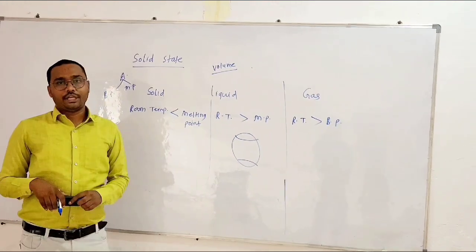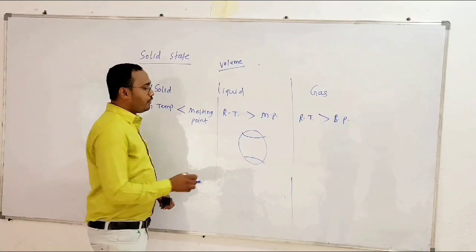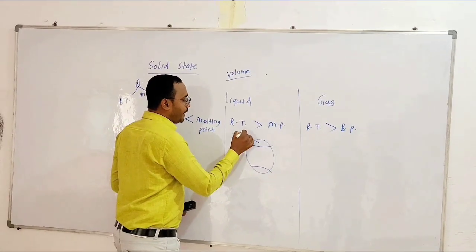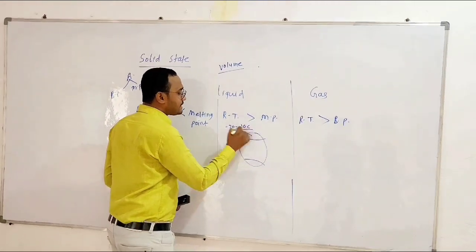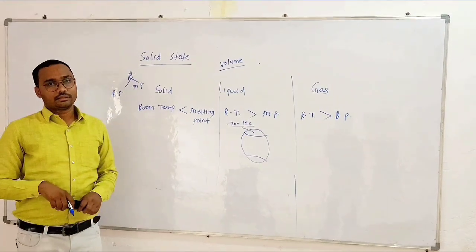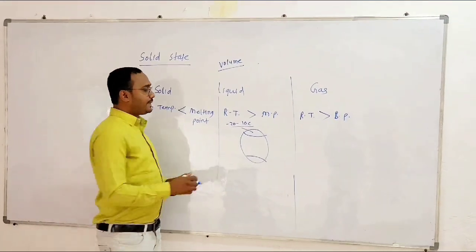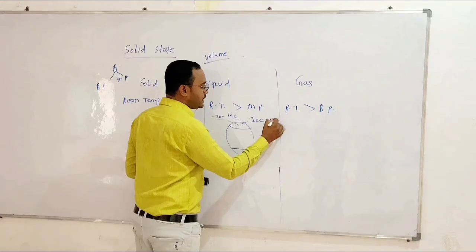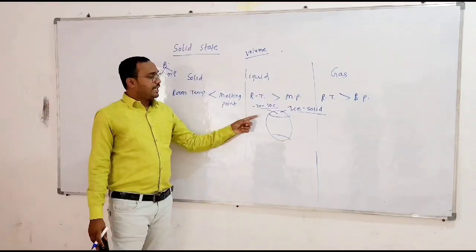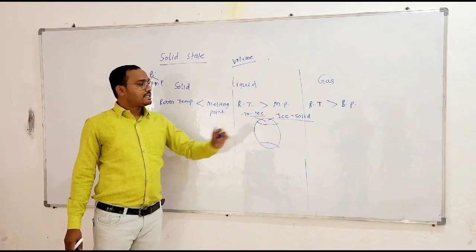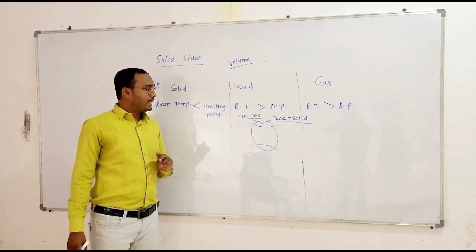polar regions of Earth, where we observe minus 20 to 10 degrees Celsius temperature. That is, water is present mainly in ice form, that is in solid state. In polar region, water is present in a solid state in the form of ice.